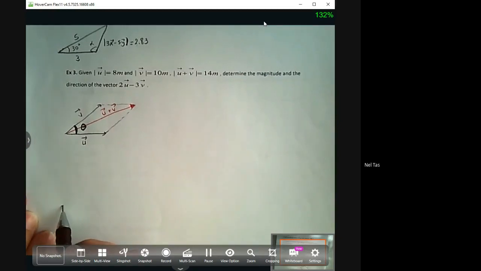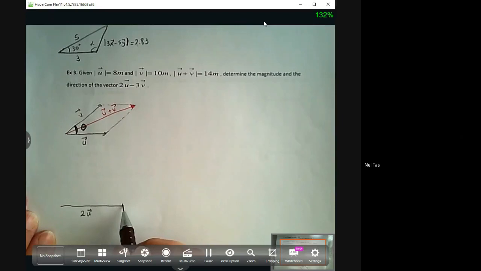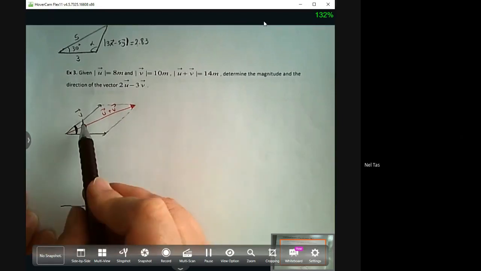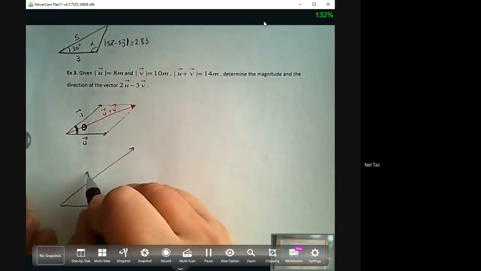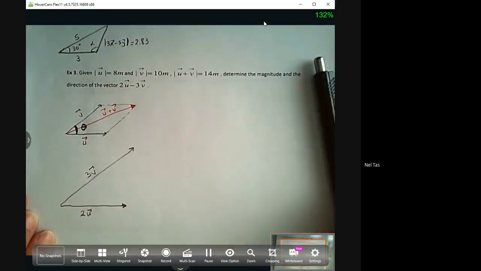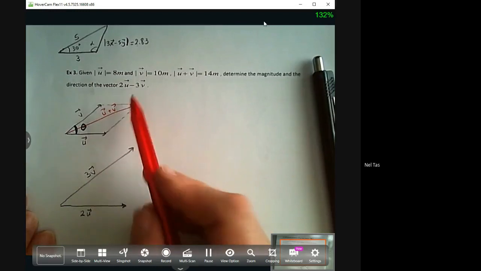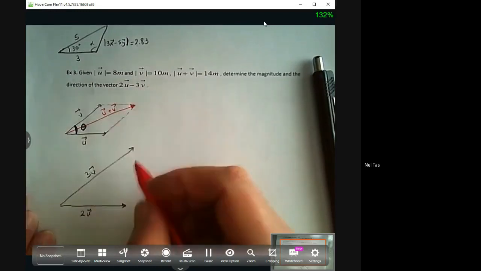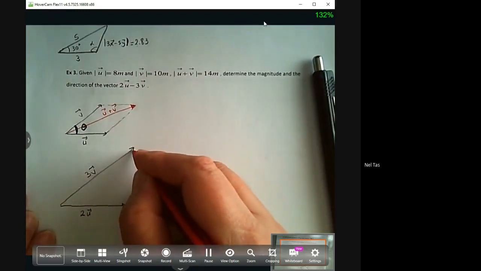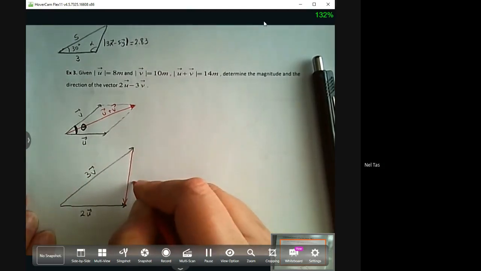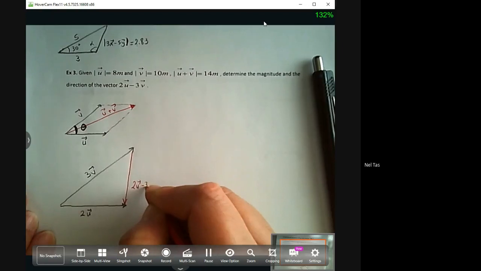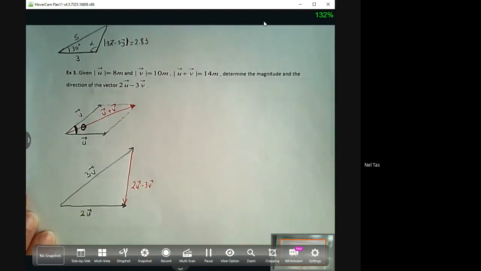And at the end, what are we going to find? 2u and 3v. We're going to find 2u minus 3v. So v is negative, then I start from the head of 3v. That is 2u minus 3v, and that is angle theta.